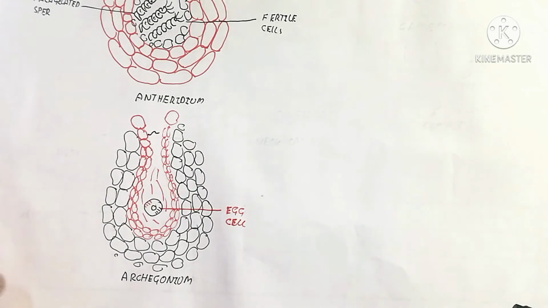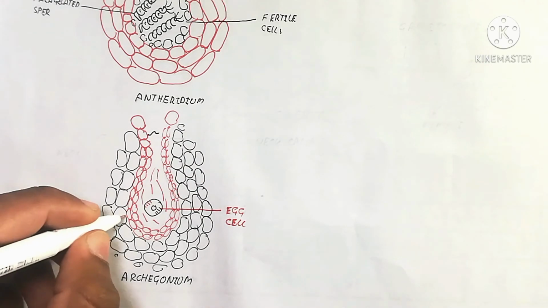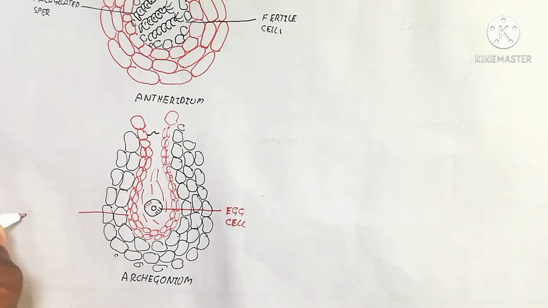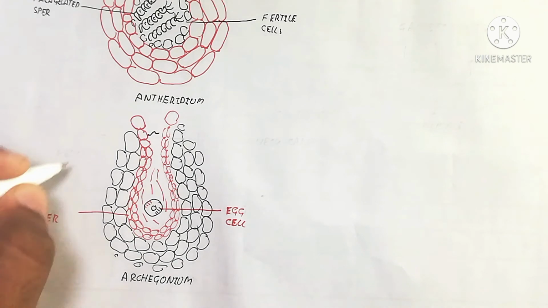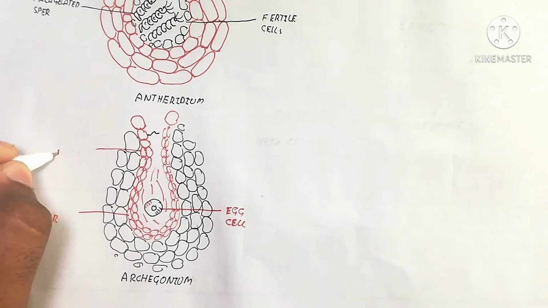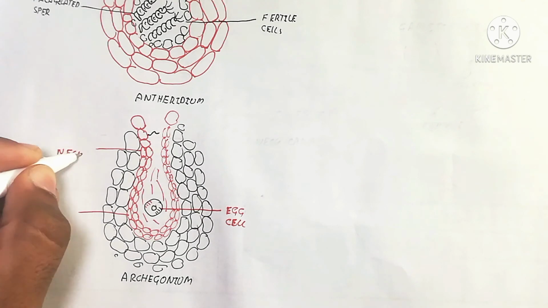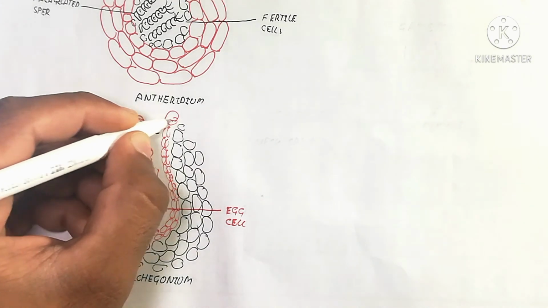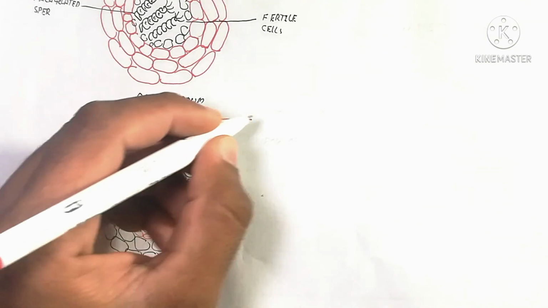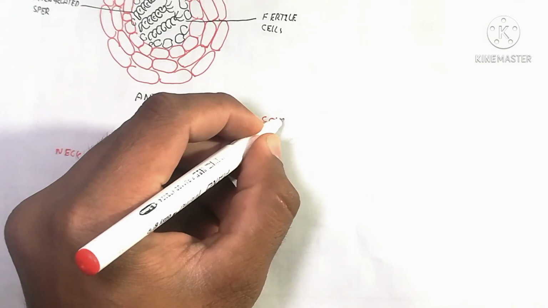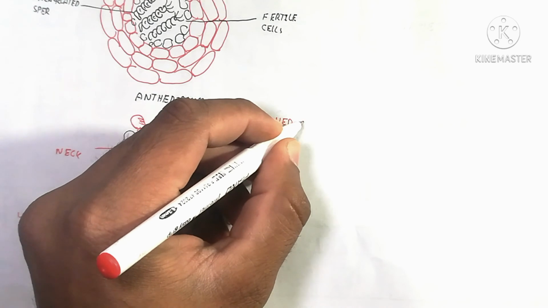So the water will be floating. Water is used more for the sperm movement, ciliary movement. Here the egg cell is here, and here is the venter. So the venter and neck region is here, and here are the cover cells. So remember about these things.